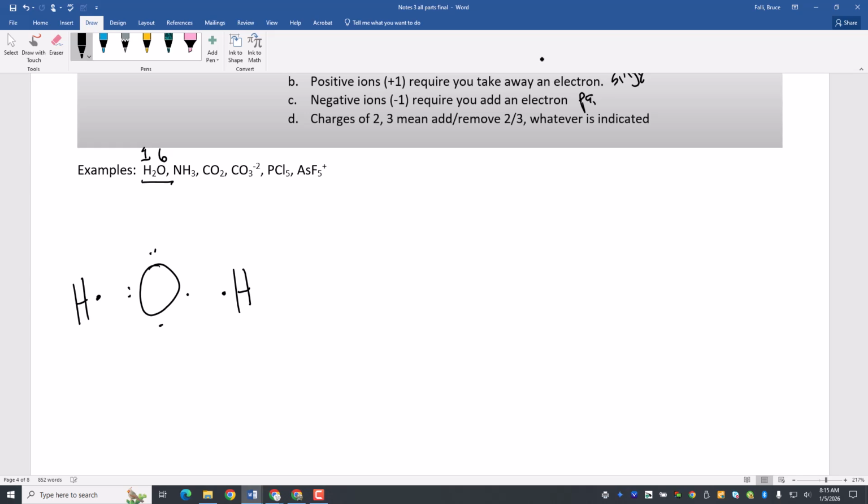Remember how I said I would aim my single electrons at each other? Well, I didn't do that very well, so I'm going to erase these two. I have 6: 1, 2, 3.